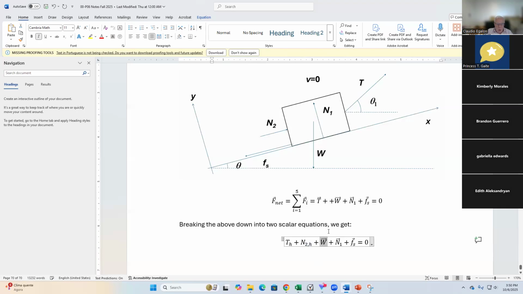The weight has no horizontal component. Normal 1 is going to have both horizontal and vertical components, right? You can see, right? Normal 1 has a horizontal and vertical component. And the force of static friction is also going to have a horizontal and vertical component.